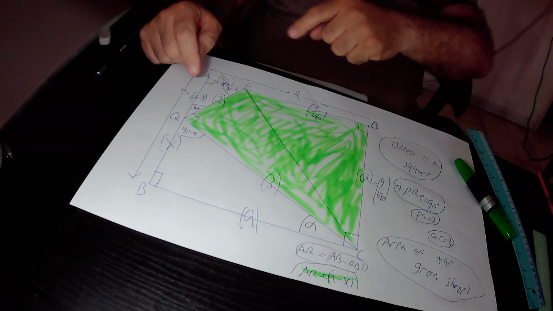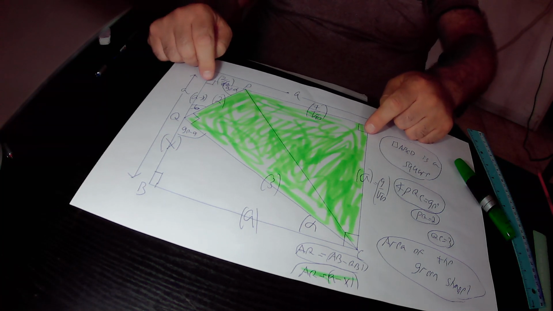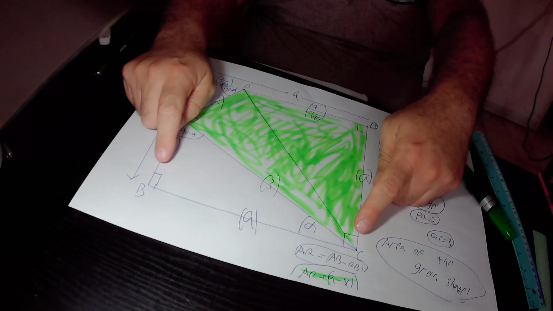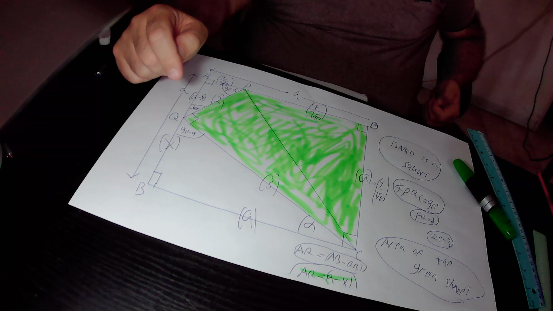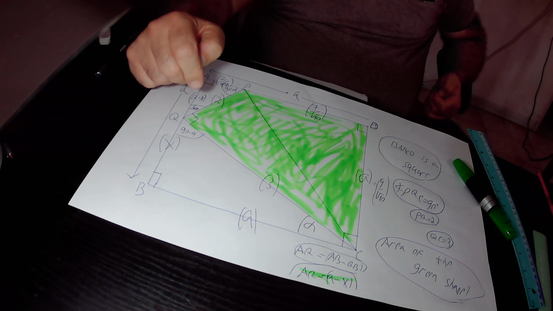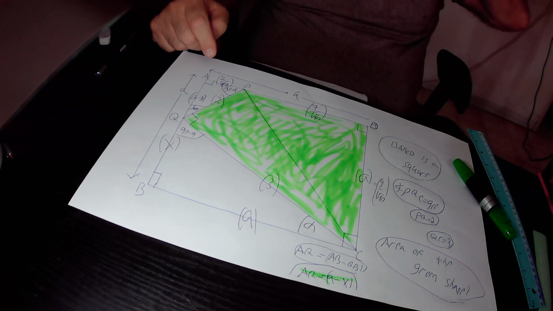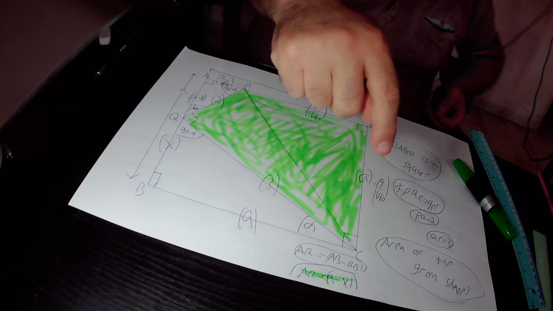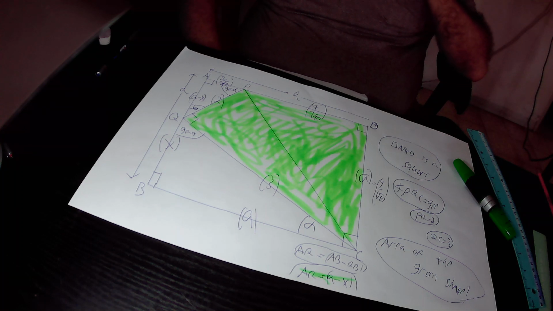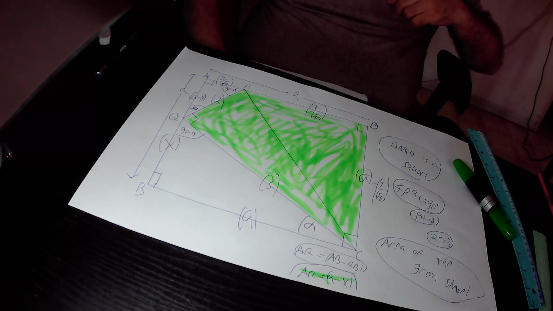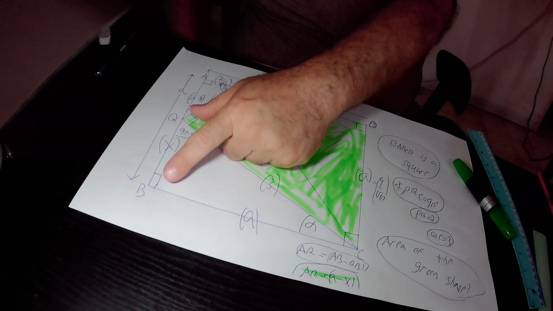So we know that ABCD is a square, so those 4 angles must be equal to 90 degrees, and we know that all the sides of square ABCD are equal to each other, so we define one side of this square ABCD as A, therefore AB equals DC equals CB equals PA equals A. In the next step, we define this length QB as x.